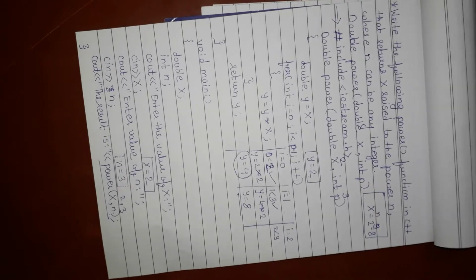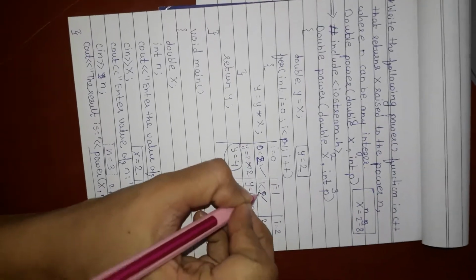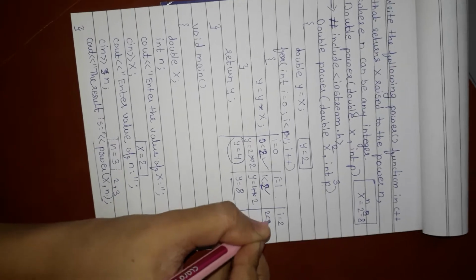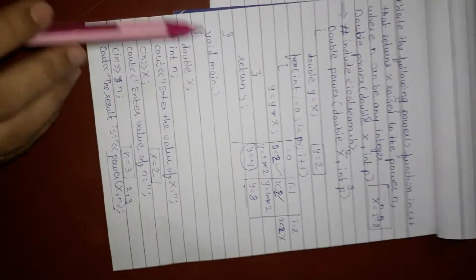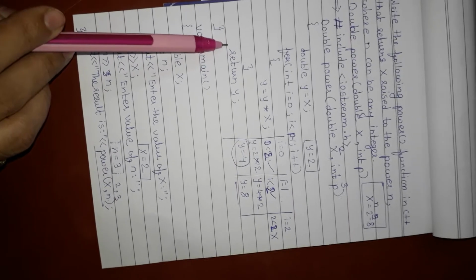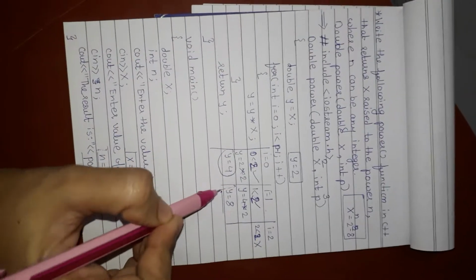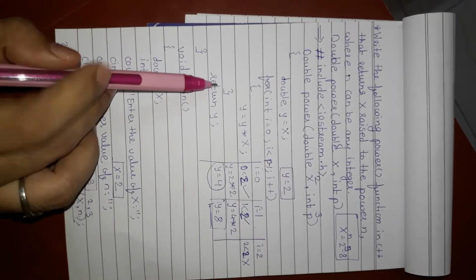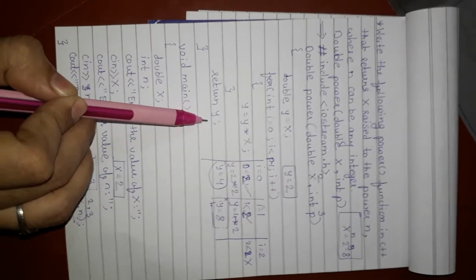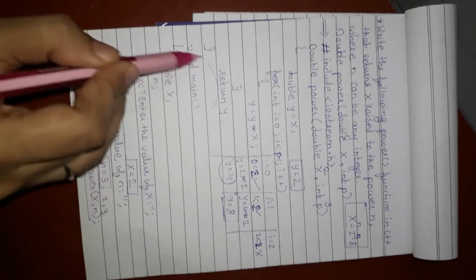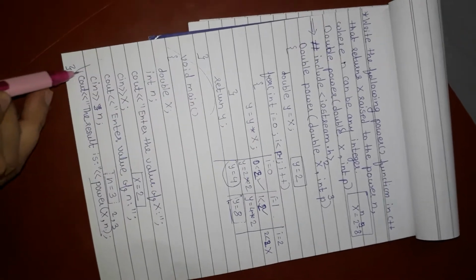So 0 less than 2, yes, the condition is true. The second time, 1 less than 2, also true. The third time, when i equal to 2, the condition is false, so we come out of the for loop and reach return y. The final value stored in y, that is 8, will be returned by this function. Since the function returns the value of y, control moves back to the cout line, and the result 8 is displayed.